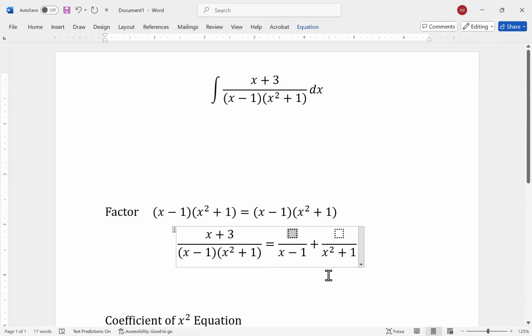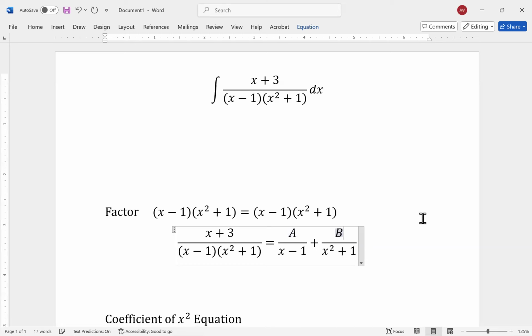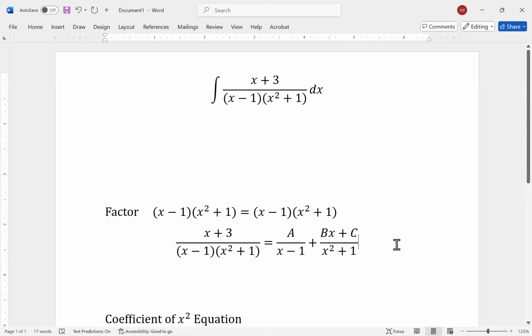So here's what I do. For a linear distinct piece, I just put a real number on top. If I have a quadratic piece, I have to put a linear piece on top.